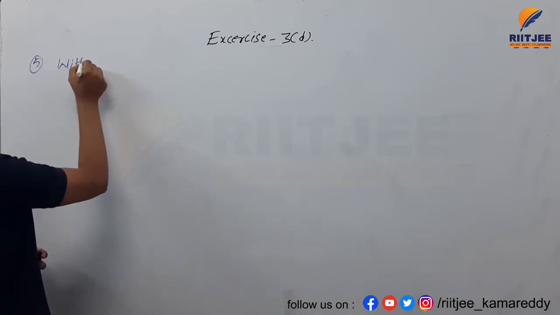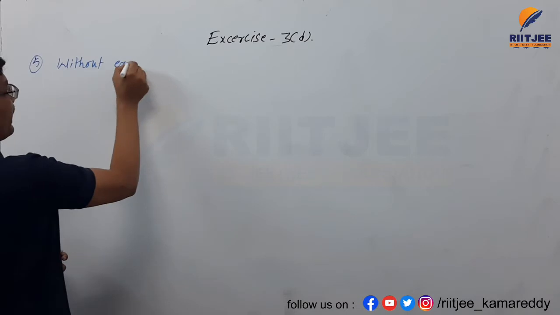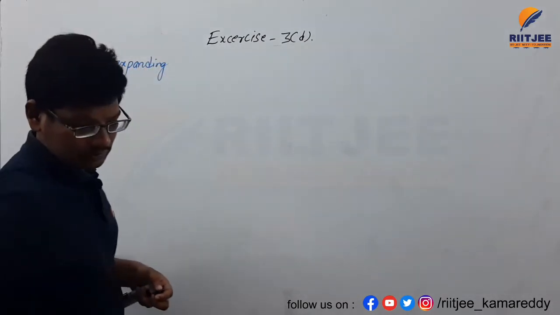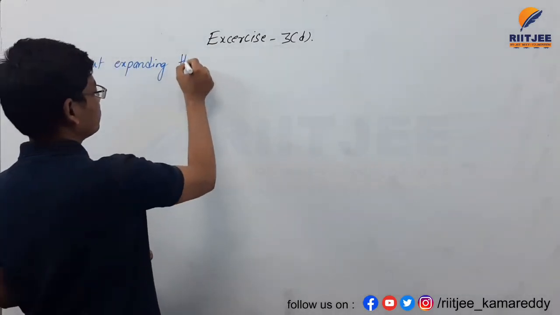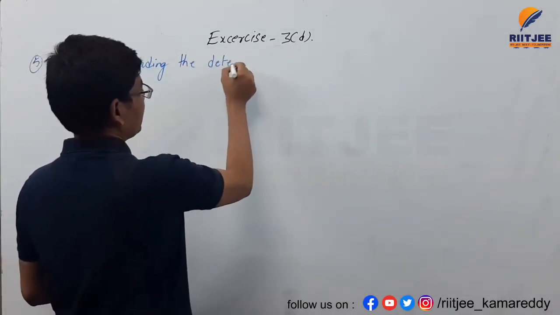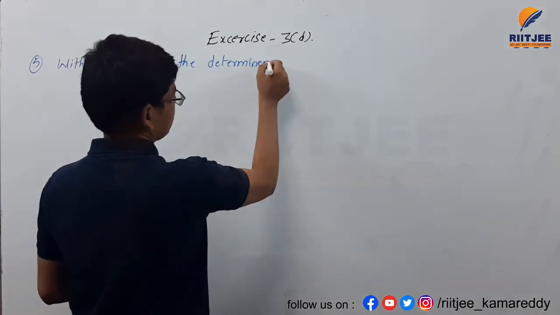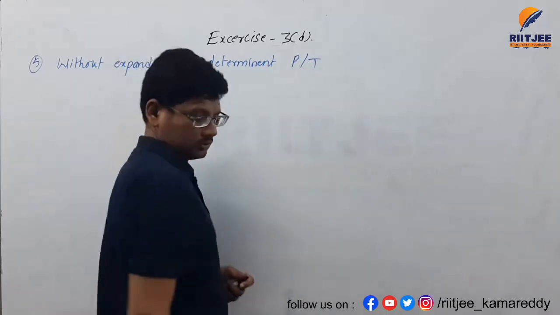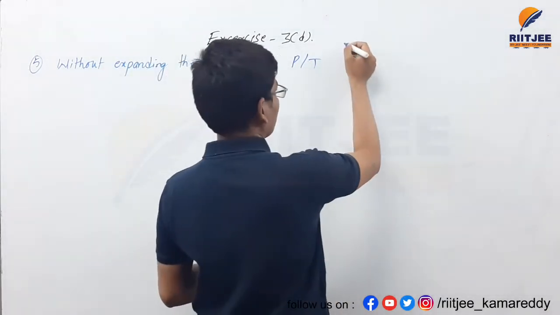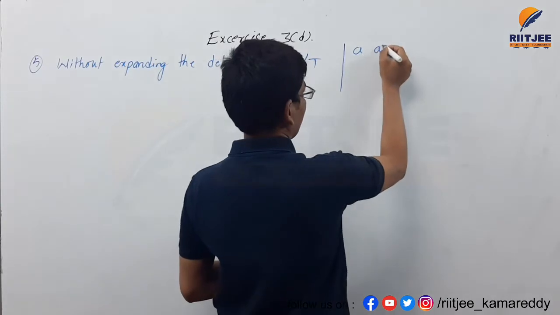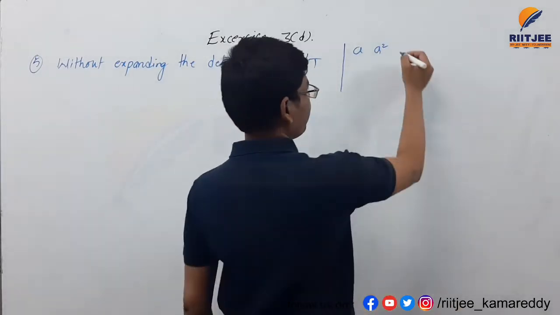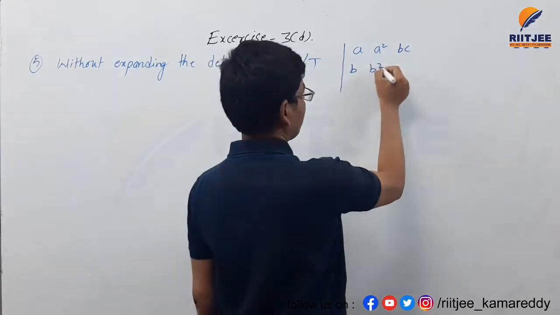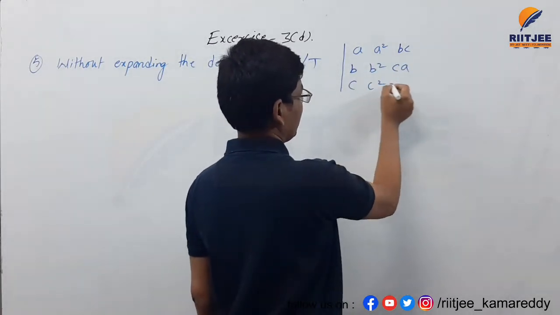Without expanding the determinant, prove that |a² bc, ...; b² ca, ...; c² ab, ...| is given.